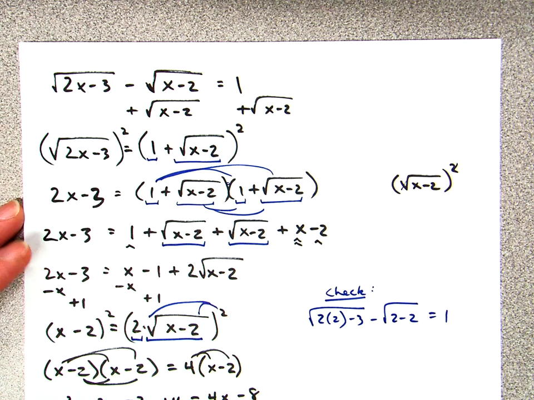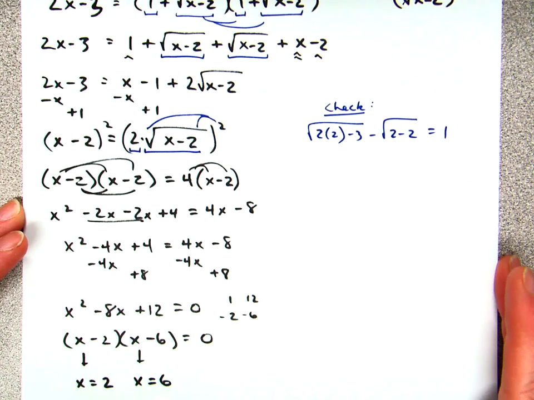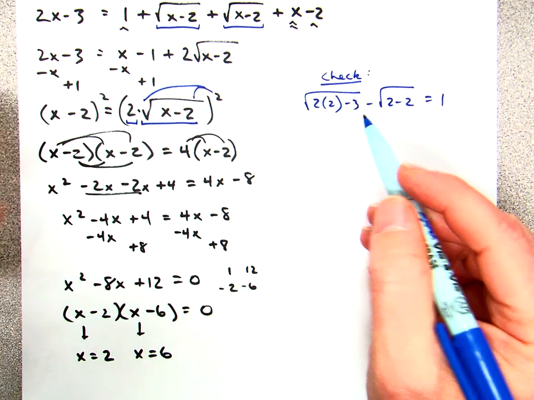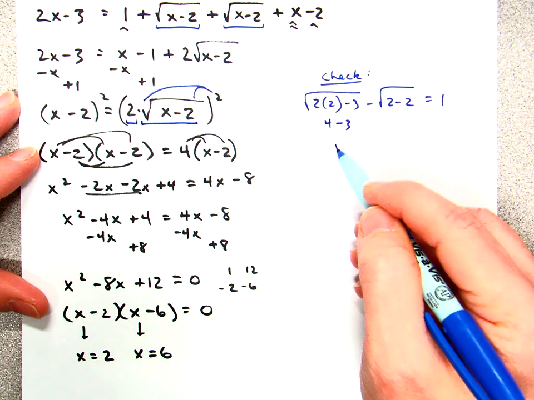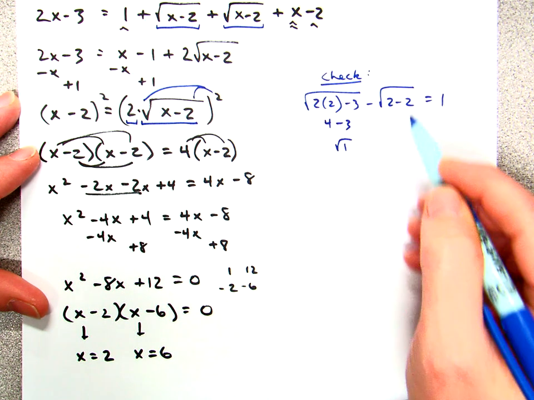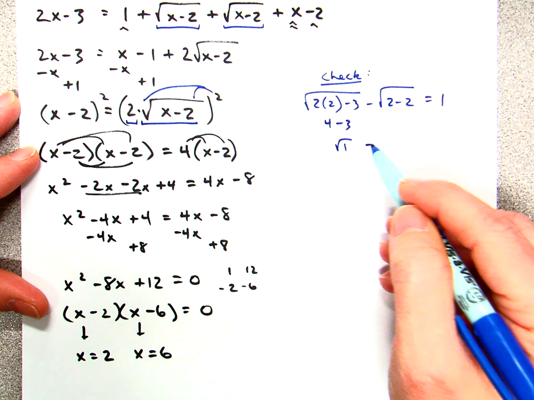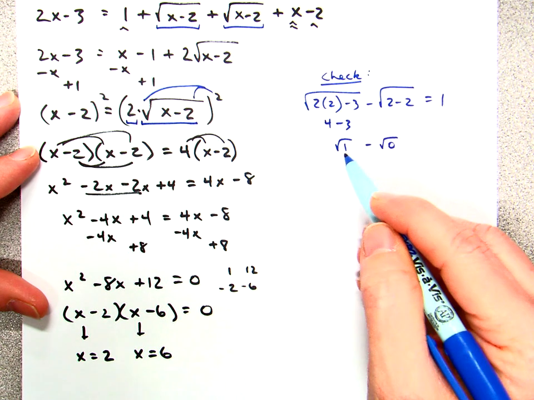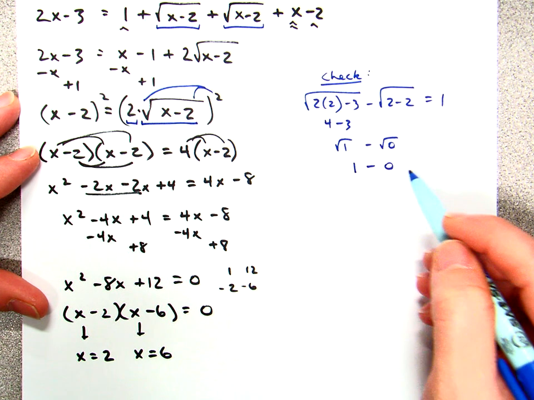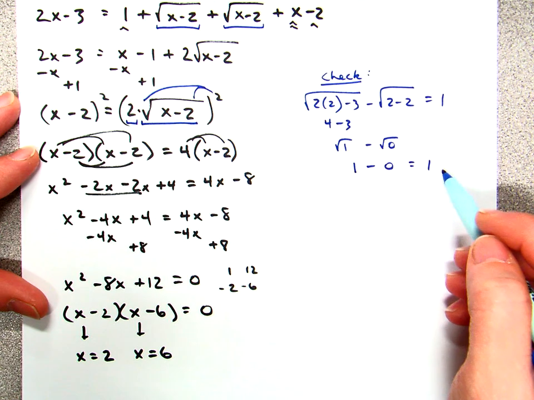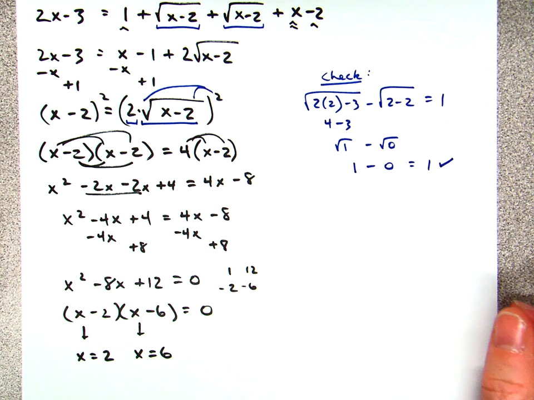All right, I'll come back down here. 2 times 2 is 4. 4 minus 3 is 1. 2 minus 2 is 0. So, square root of 1 is 1. Square root of 0 is 0. 1 minus 0 is 1. That is true. So, 2 works.